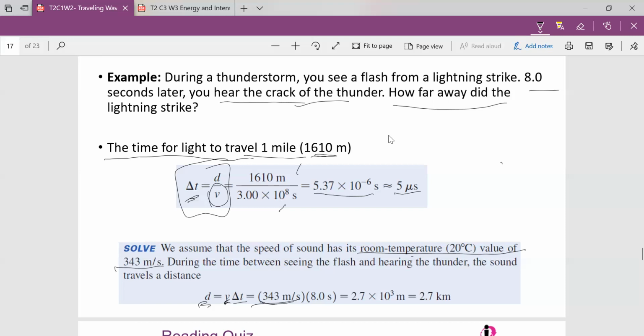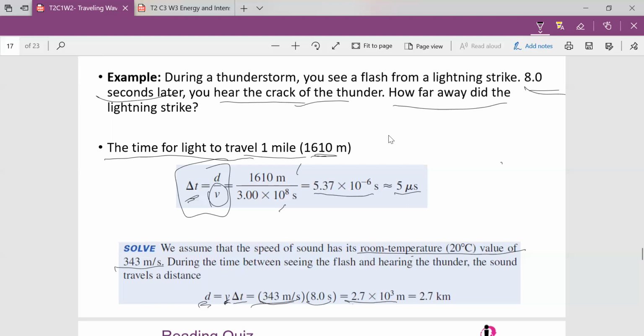So multiply that with the time given, which is the 8 seconds, and we'll have the distance to be 2.7 times 10 raised to the power 3 meters, or 2.7 kilometers, as the distance away from where the lightning struck.